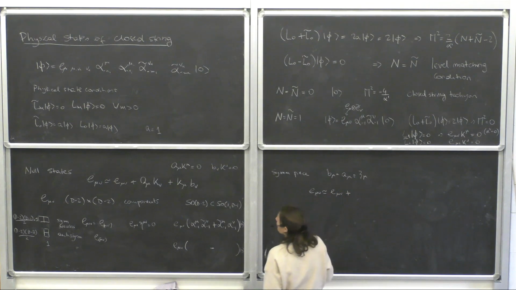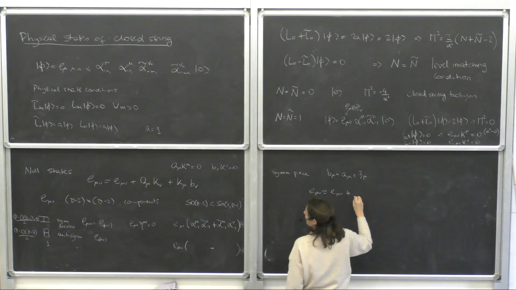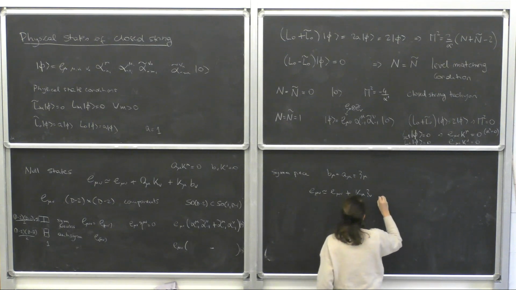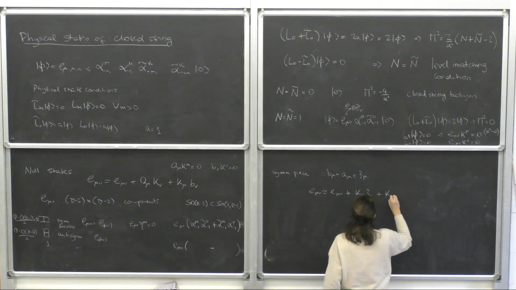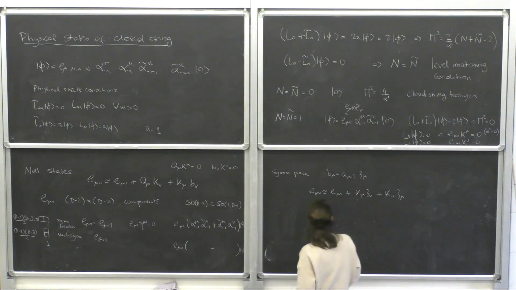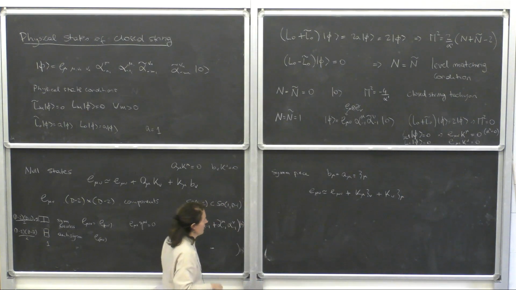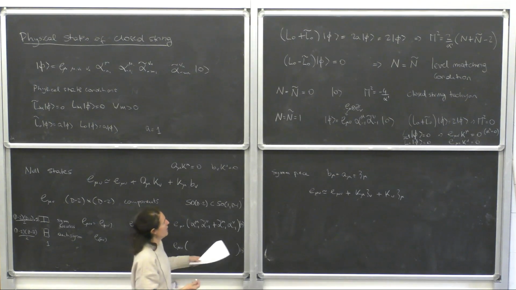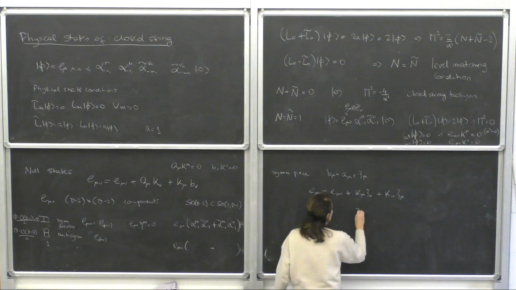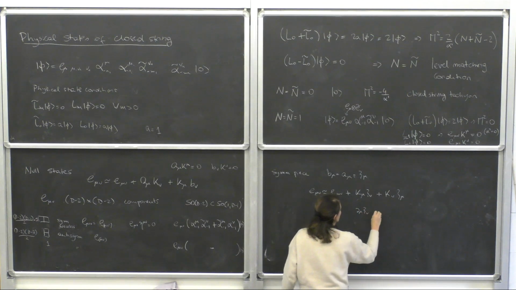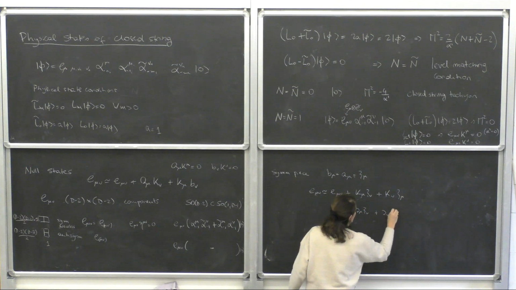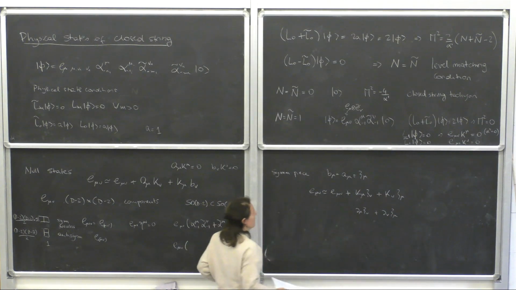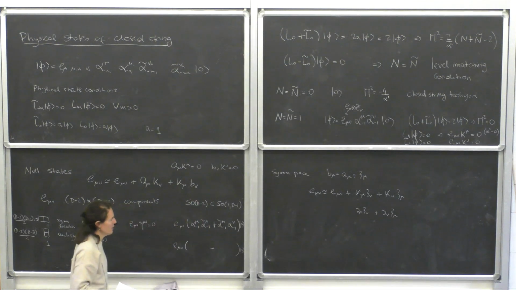So I have k mu xi nu plus k nu xi mu. So if I go to the field, this is like a derivative, d mu xi nu plus d nu xi mu, because this k mu corresponded to some derivative.